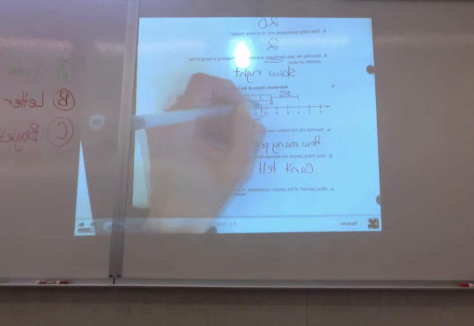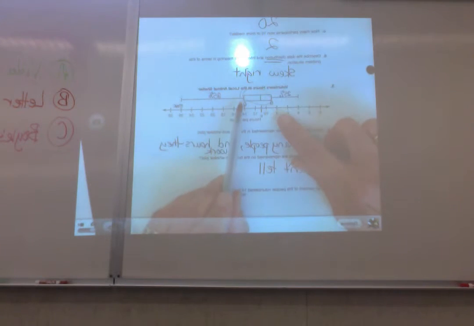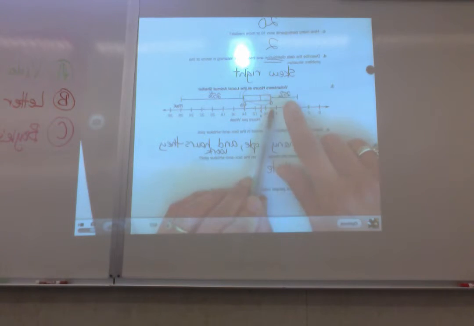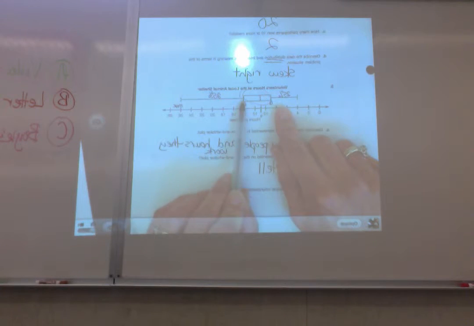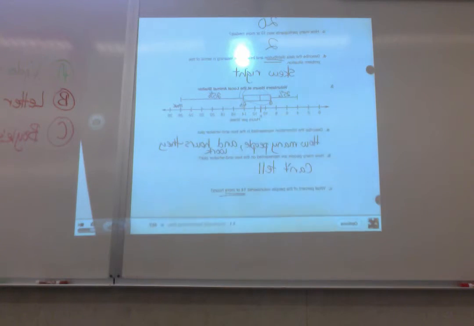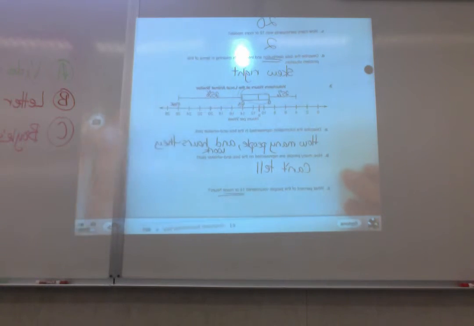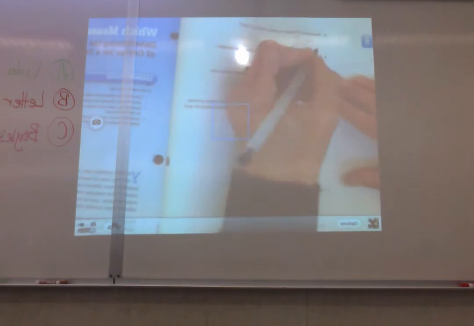There's the middle 50%. How many hours? It looks like Q1 would be about 9. So it looks like between 9 and 14 hours. The middle 50% go between 9 and 14 hours.